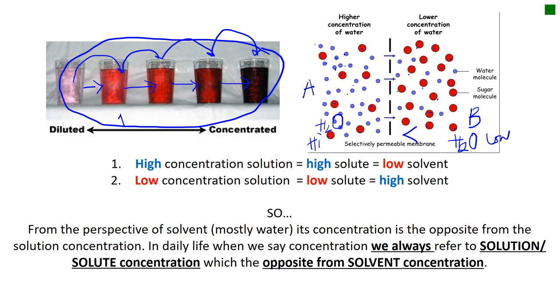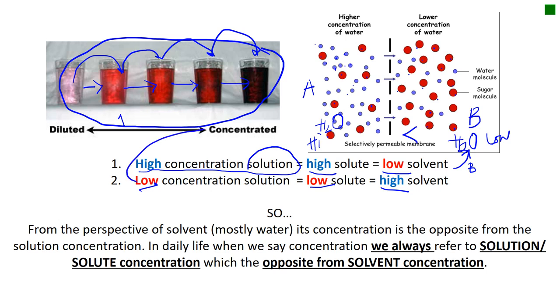So what can we say about this? A high concentration solution, remember this is a solution, has high solute concentration, but it has a low amount of solvent. And this represents B. While a low concentration solution means that it has a low amount of solute and a high amount of solvent.